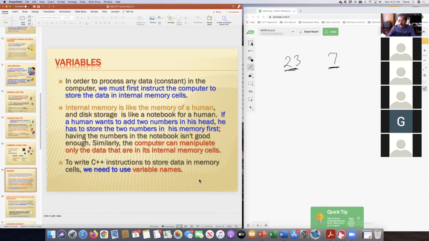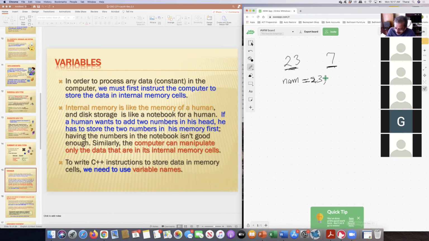So to store the number 23 in the memory cell, I need to write an instruction, right? The instruction to say store 23 in the memory cell will involve making up a name. So let me say I make up the name num, and when I write num equal to 23, this is a C++ statement, and here is what it means.